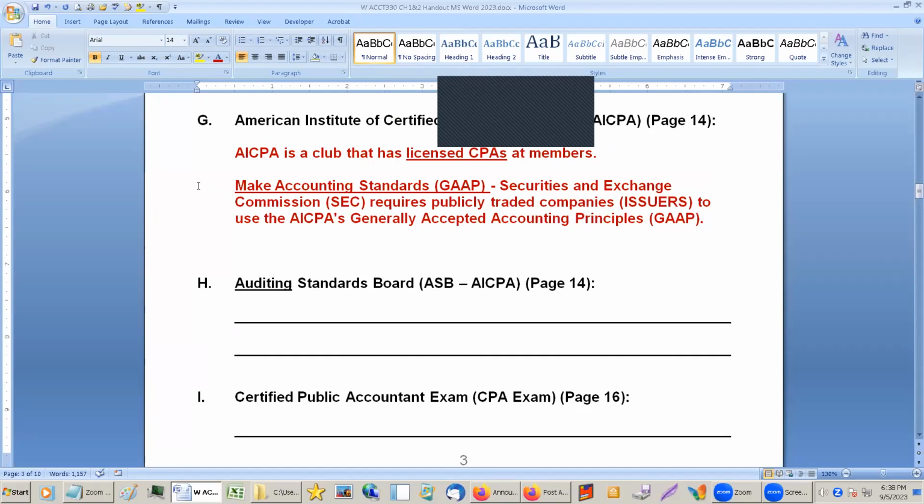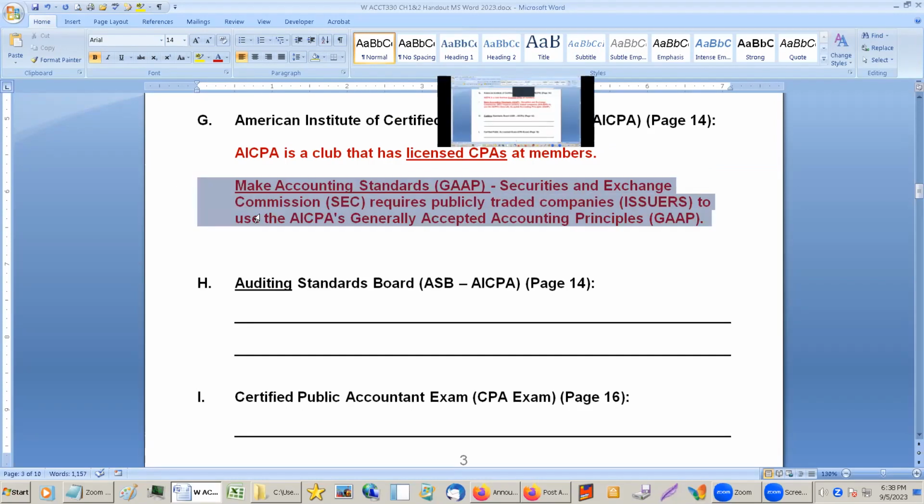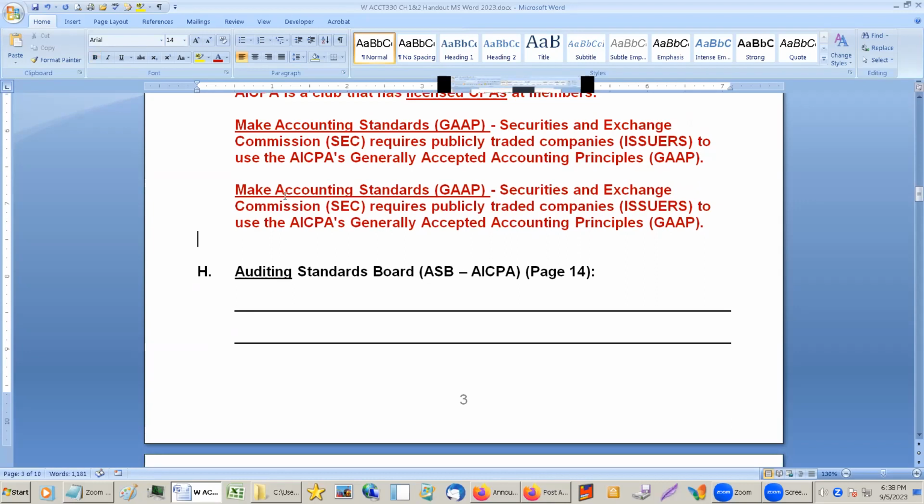Okay. They also make auditing standards.